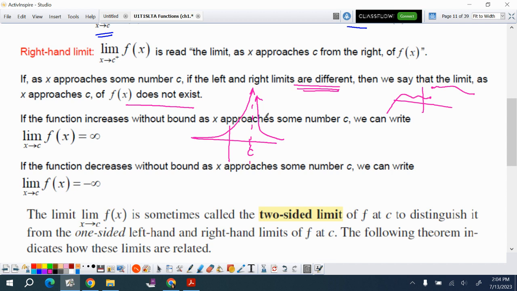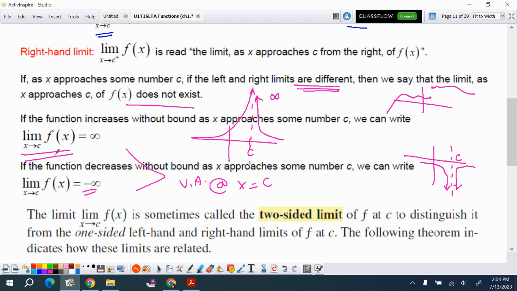That is the vertical asymptote, and you are going to infinity. So as x approaches c, my y value goes to infinity. You can see that this one is negative infinity. So both sides you go, there is a vertical asymptote at x equal to c. This is the limit notation.